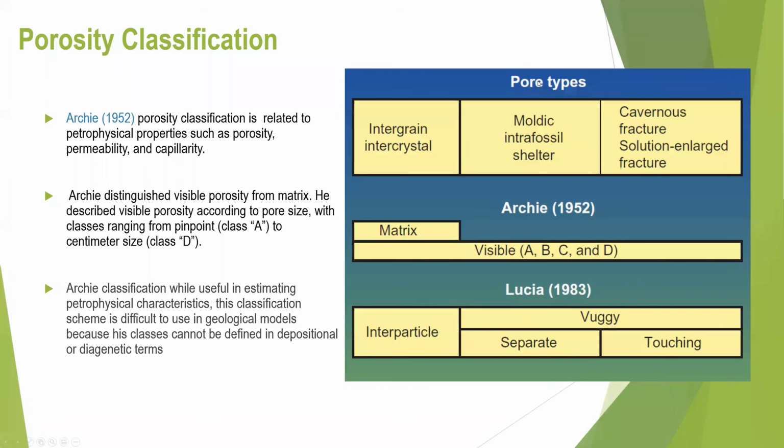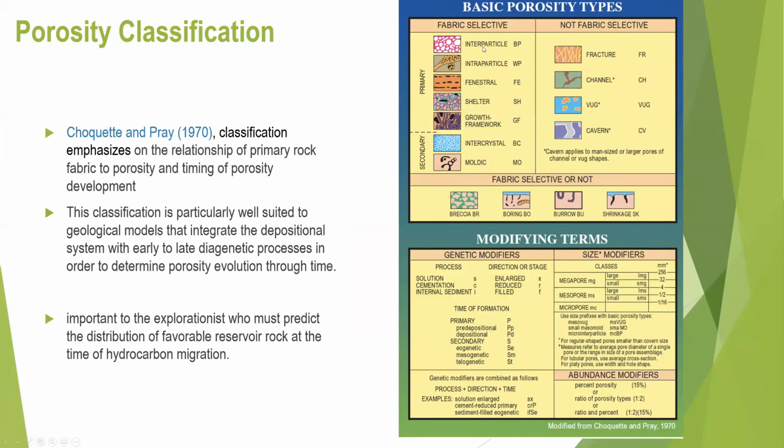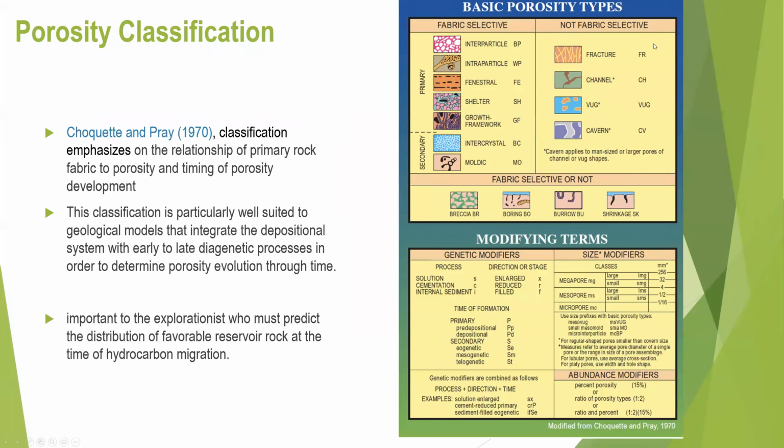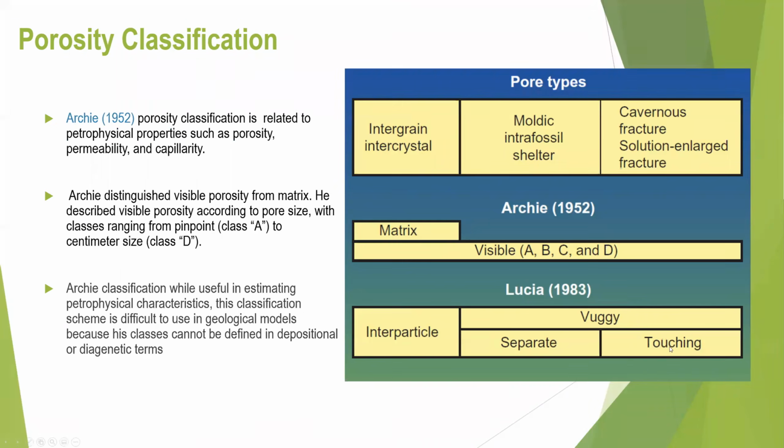It mentioned that if we have interparticle porosity, for example, assume a limestone with porosity between the grains, if you have that type of porosity, you should put it here. If you have other types of porosity, you should put them in these two categories.